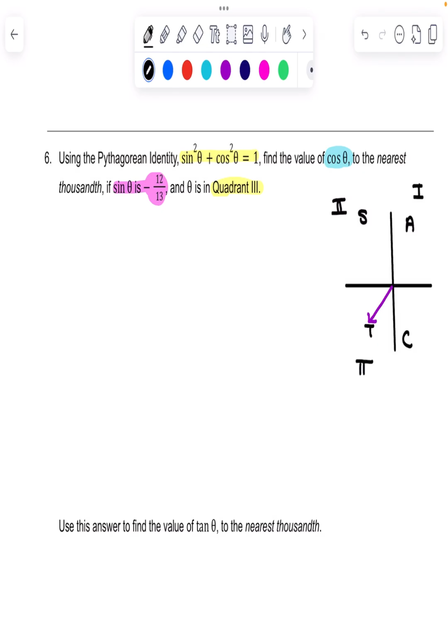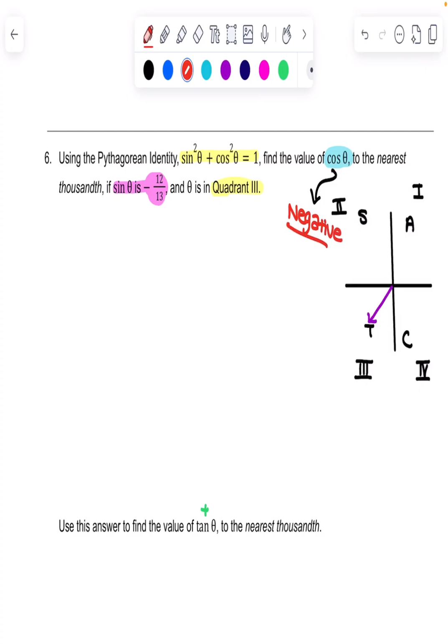So tangent is only positive in quadrant 3. So we'll keep that in mind here. Tangent positive. And our cosine value then must be negative, because tangent's the only one positive there.